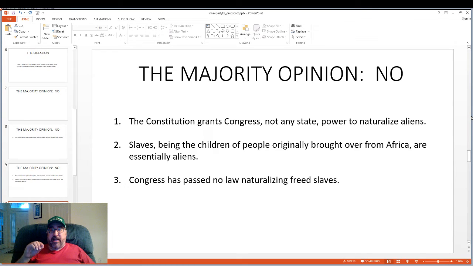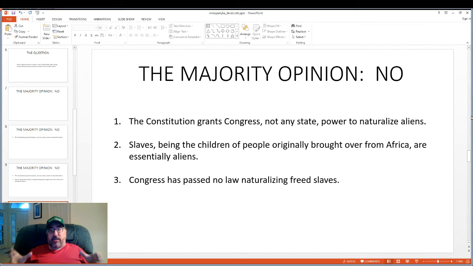And Congress had passed no law naturalizing freed slaves. They had passed laws naturalizing people of other countries. Generally, it was also restricted to white people of other countries, but at least they had naturalization laws on the books, and I believe they had some naturalization laws concerning the Native Americans as well.